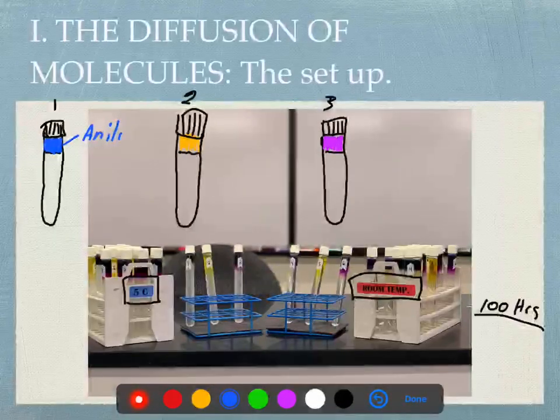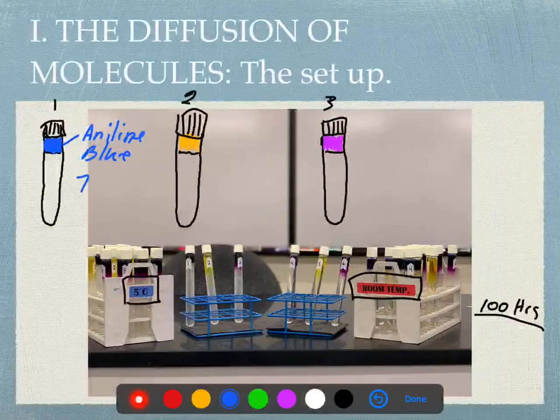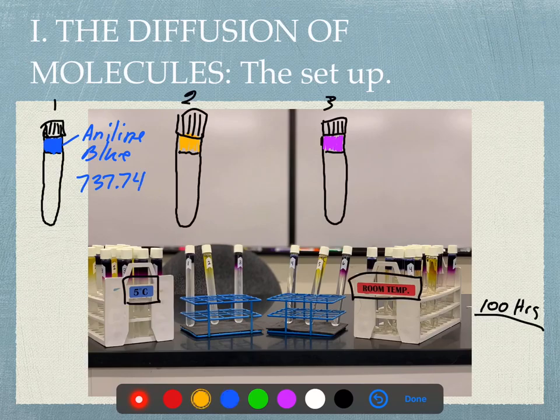Well, the blue dye is aniline blue. And if you look in your manuals, aniline blue has a molecular weight of 737.74. If you look in the manual, you'll see that the other dye is potassium dichromate.